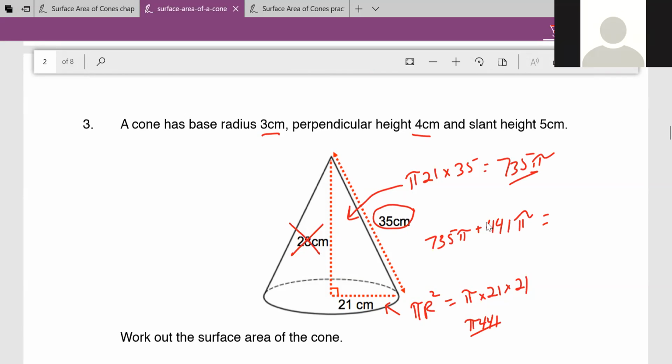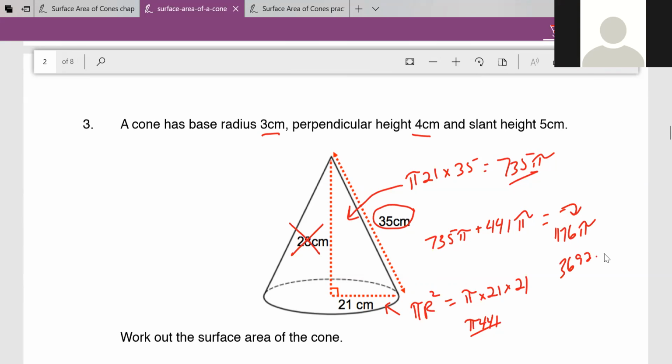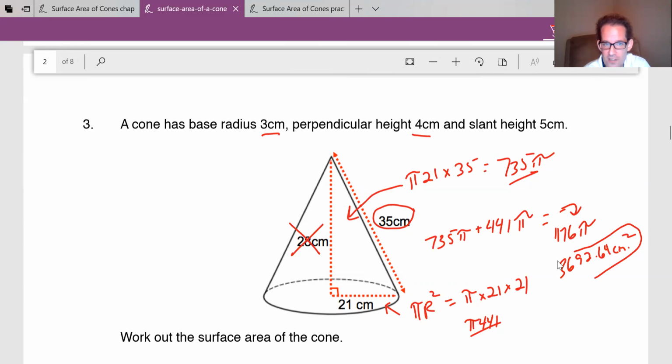That is 1176 pi. And now I just want to simplify this by multiplying it times 3.14 for my surface area, which is going to be 3,692.64 square centimeters. That's your answer for number 3.